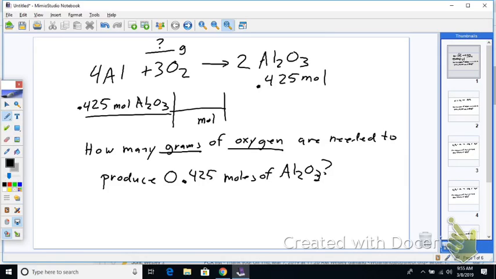Al2O3. Right, Al2O3. So if you get stumped, what you do now, if you notice, I didn't put a number there because sometimes students get ahead of themselves and say, "I'm going to put a 1 there." That doesn't work here. There's a tendency for students to not really think.